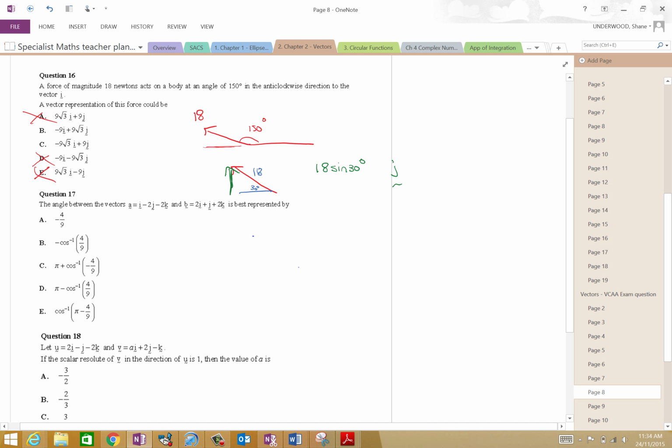My i component is going to be negative 18 cos 30 degrees. So 18 cos 30 is 18 root 3 on 2, which is 9 root 3, and the j component is 9. Beautiful. The answer's C.